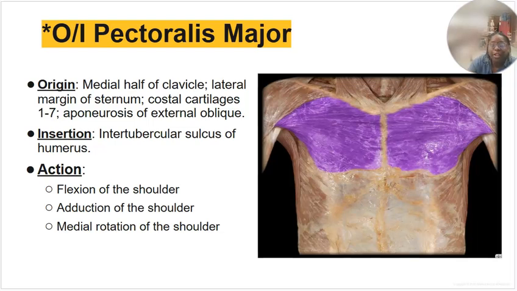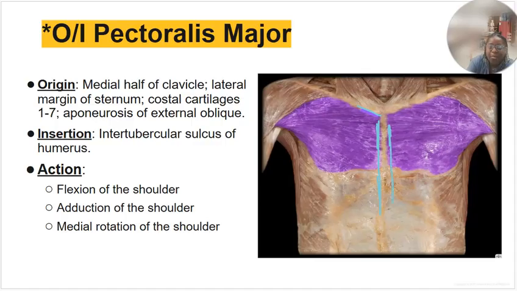So we have the medial half of the clavicle, right? Let's see if I can draw this. So medial half of the clavicle. Oh, that's in purple. That's not going to be helpful. Yeah, here. Then we have the lateral margin of the sternum, right? So kind of like this along the body, that lateral point leading towards the costal cartilages, as well as all the costal cartilages going down, 1 through 7.